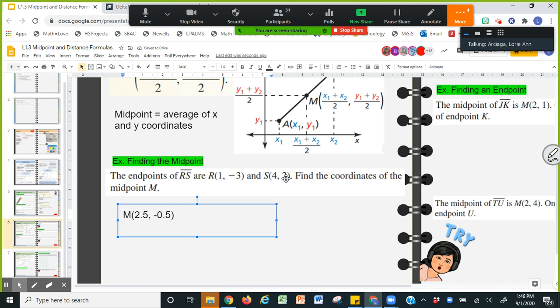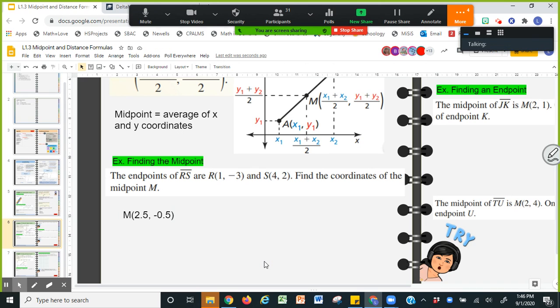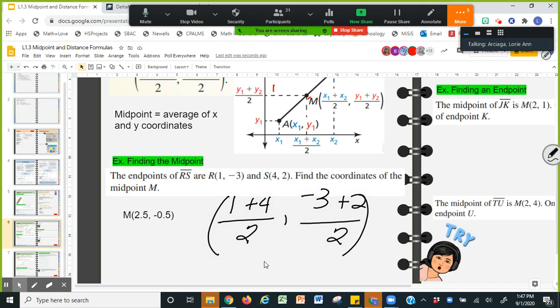Let me write it again. So I added the 1 plus 4 together and divided by 2, right? And then the other one, I added the negative 3 and the positive 2 together, and then I divided it by 2.